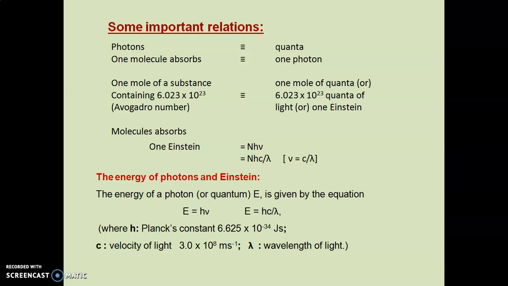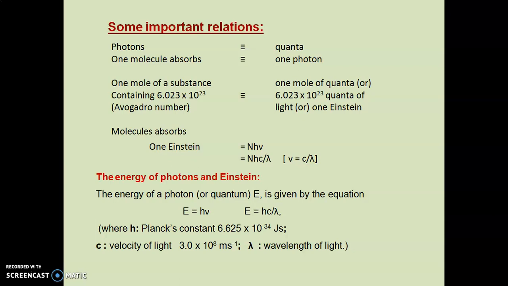So when molecules absorb 1 Einstein, that is equivalent to the energy N h ν, or N h c divided by λ. As we know, ν, the frequency, is equal to c divided by λ. Here λ is the wavelength of the light.